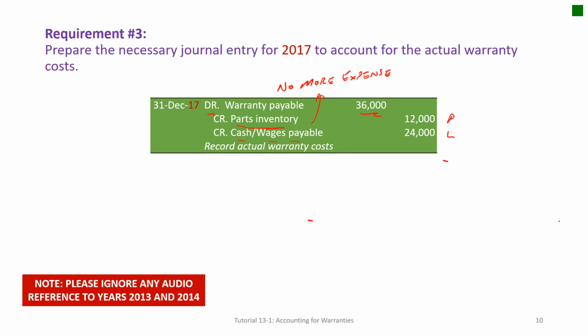We do not want to expense these items anymore, because these have already been expensed in the accruals. Our credits are going to be to parts inventory, and again, no more expense. What typically happens is the company will pull parts out of inventory to service the warranties. And if they have to buy the parts, then it'll be accounts payable or something like that. And then they may have to pay some labor, so that's where the cash or the wages payable comes in.